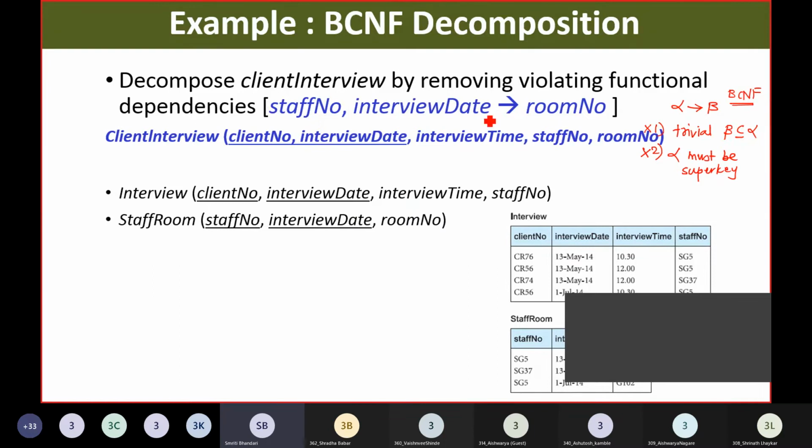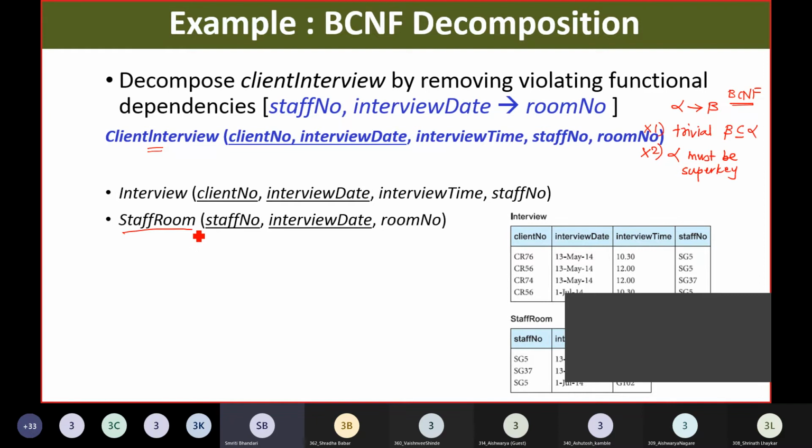So we have this functional dependency that is violating the rule. While decomposing this relation, we will make use of the attributes in this functional dependency, and we will come up with a separate relation.